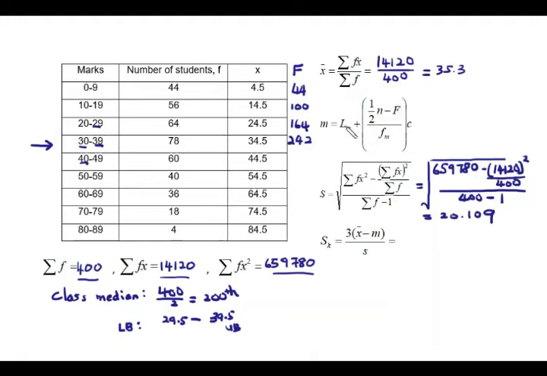Now the median equals the lower boundary of the class median, 29.5, plus 1 over 2 times 400, that is n over 2, minus F. This F is the total frequency before the class median. Before the class median, the total frequency is 164.